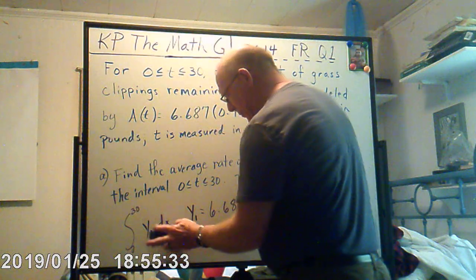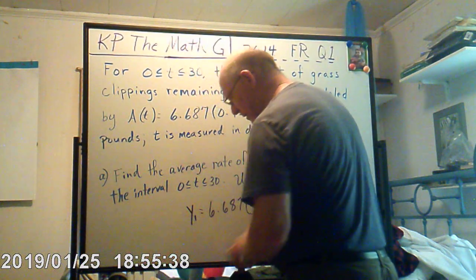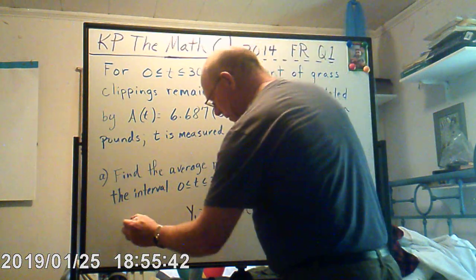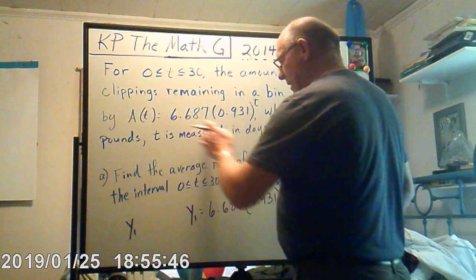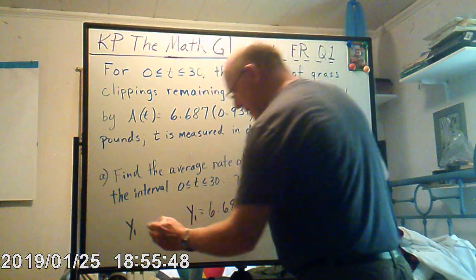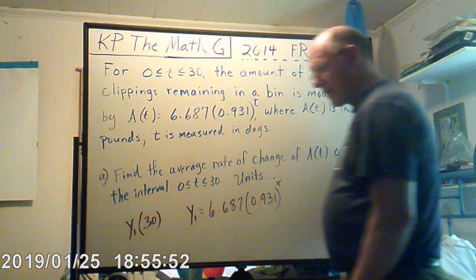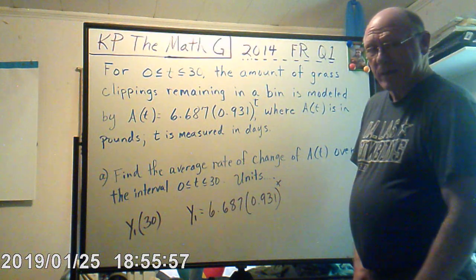You can also call it up by those y bars. If you want to look at y, let's say A at 30 or something, then you can simply put 30 right in there just like that, and you can get the answer right away.